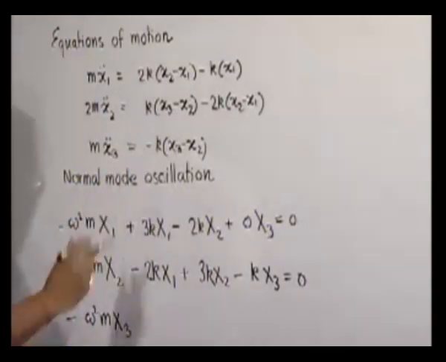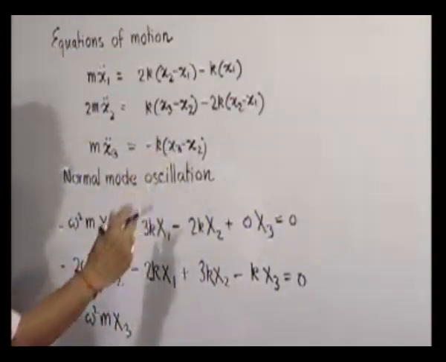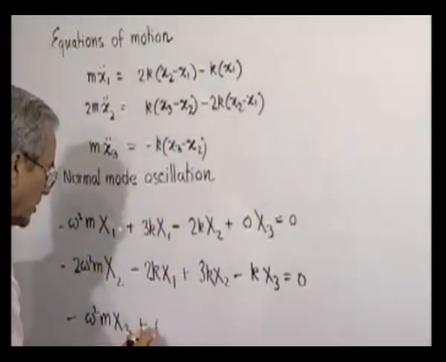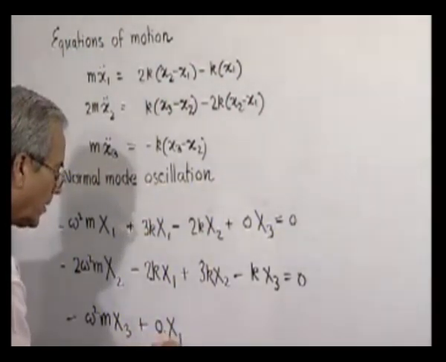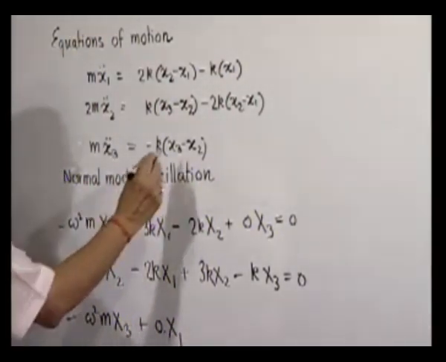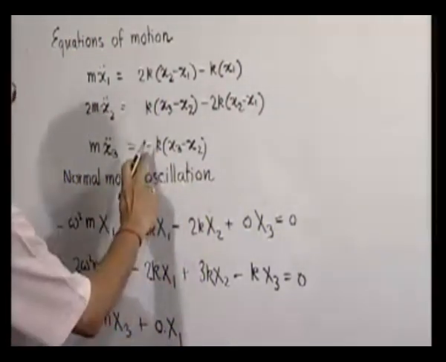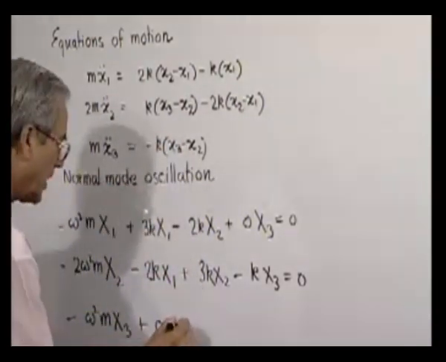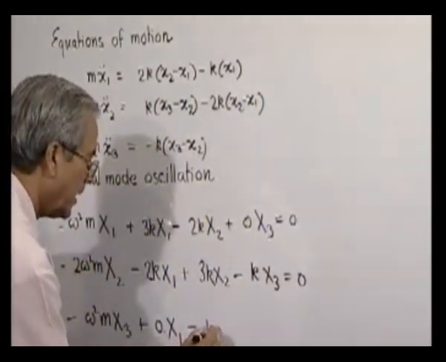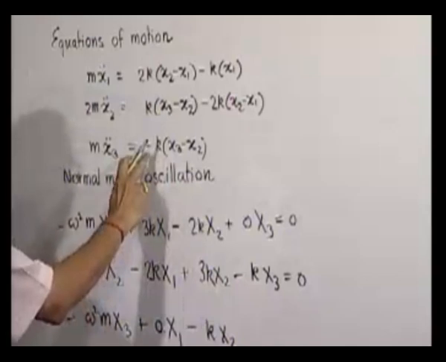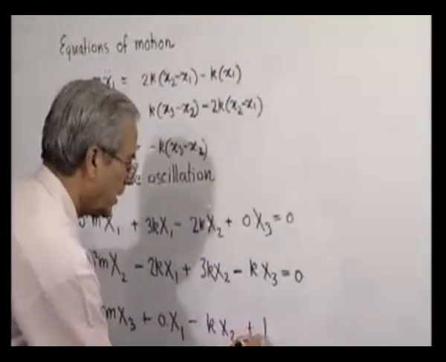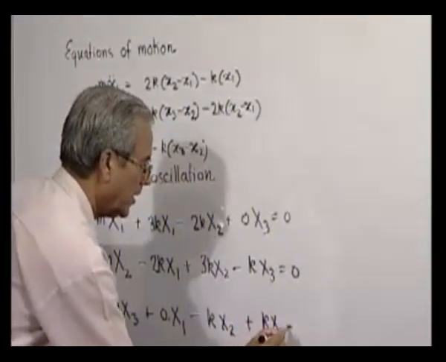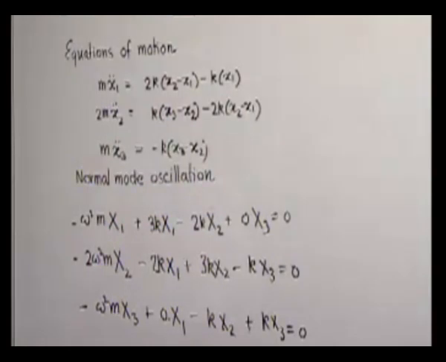So for this one, it will be no x1 term, it will be 0 x1. For x2, it will be minus minus plus. When it comes to this side, it will be minus k x2, and this comes to k. So we are not interested.